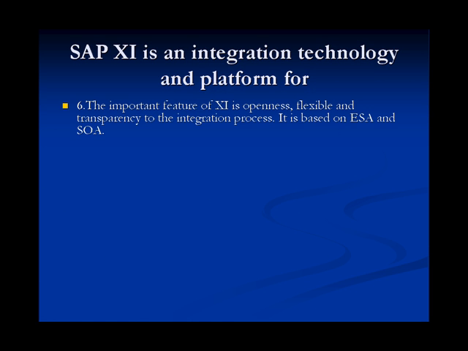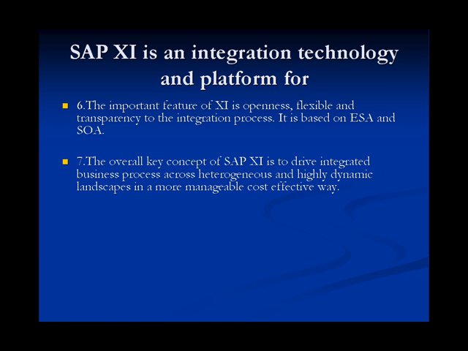The important features of SAP XI are openness, flexibility and transparency in the integration process. It is based on ESA and SOA. The overall key concept of SAP XI is to drive integrated business processes across heterogeneous and highly dynamic landscapes in a more manageable, cost-effective way.